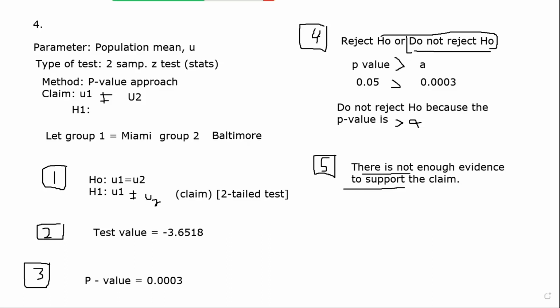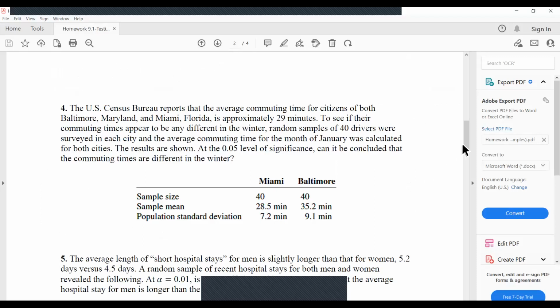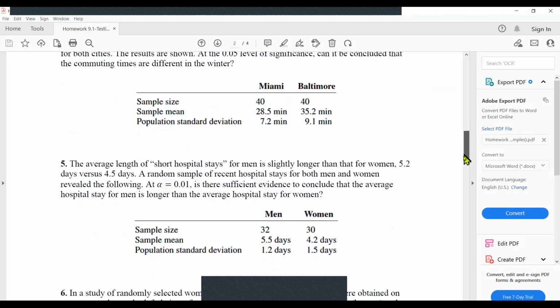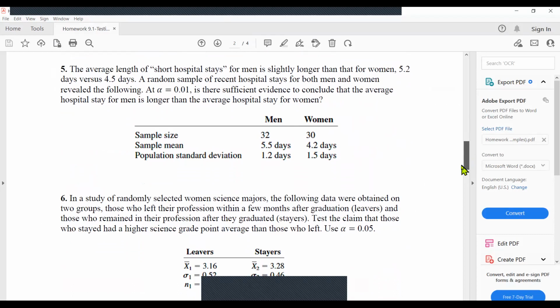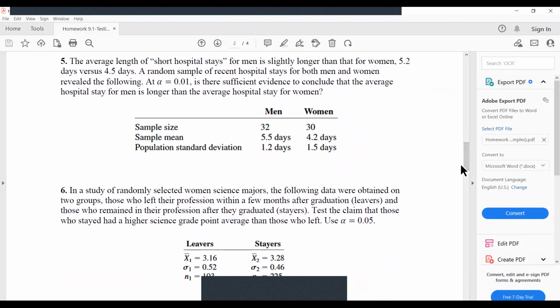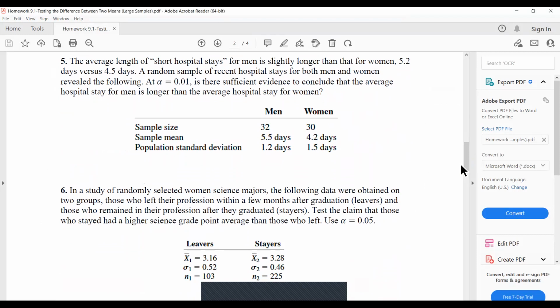So now let's go on to number 5. Number 5 says, the average length of "short" hospital stays for men is slightly longer than that for women, 5.2 days versus 4.5 days.